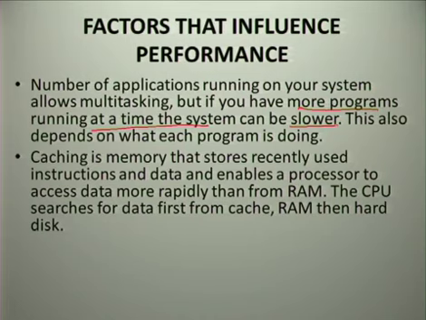Then we have caching. Caching is memory that stores recently used instructions and data and enables a processor to access data more rapidly than from the RAM. The CPU searches for data first from cache, then RAM, and then from the hard disk.